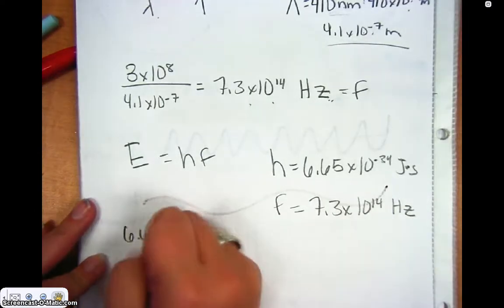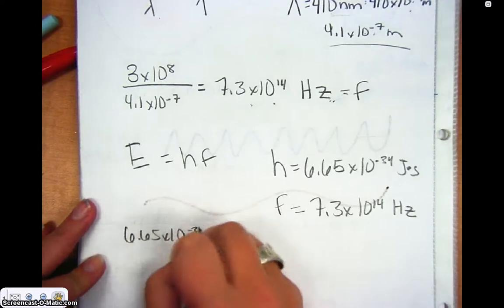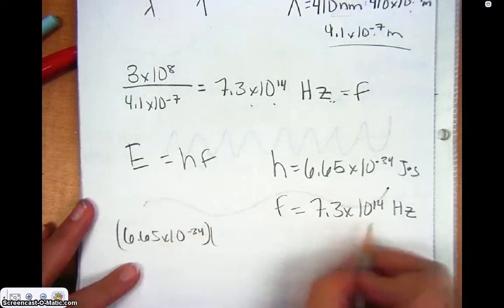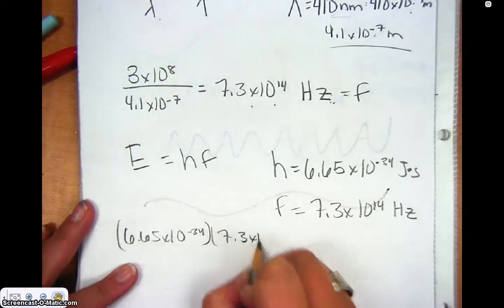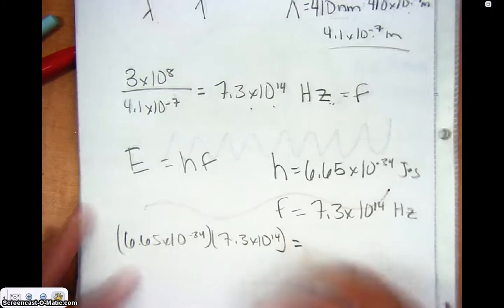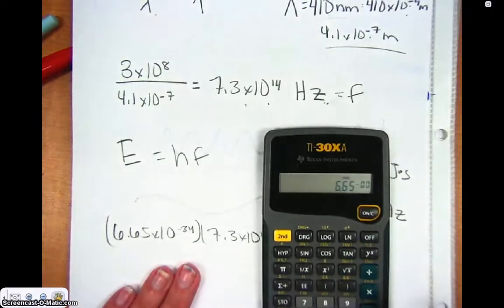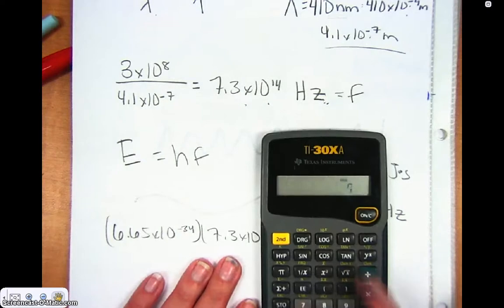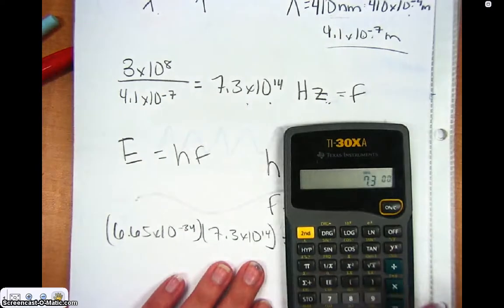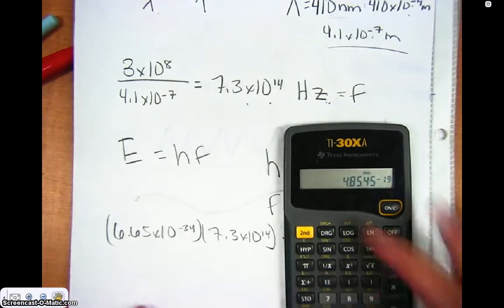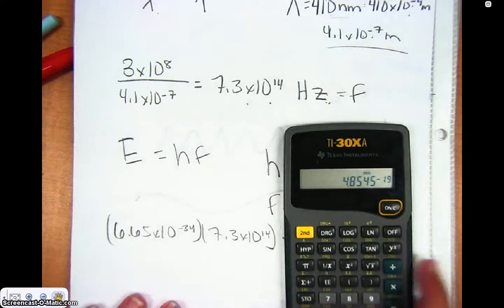Take 6.65 times 10 to the negative 34th and multiply that all by 7.3 times 10 to the 14th. Let's plug her in. 6.65 e to the negative 34th times 7.3 e to the 14th. And I get 4.9, we'll round it, times 10 to the negative 19th.